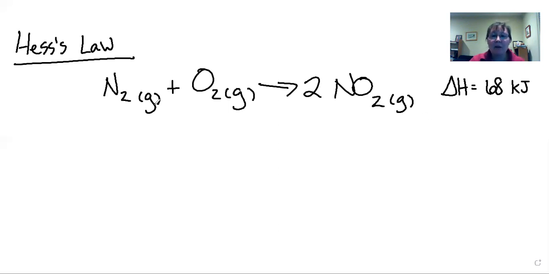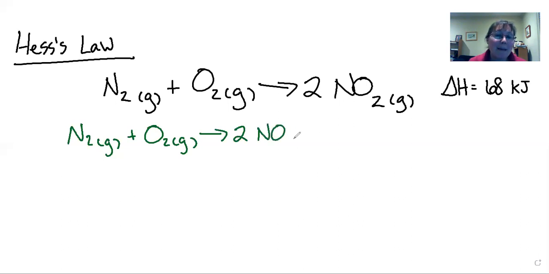Okay, now, not everything in chemistry happens in one step. So let's take a look at this in more than one step. Let's take a look at it in 2 steps. Okay, so those 2 steps would be nitrogen plus oxygen yields 2 moles of nitrogen monoxide.